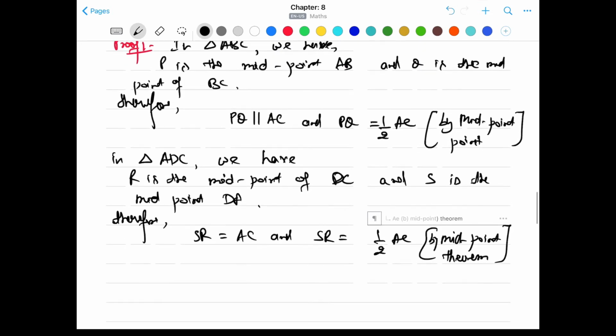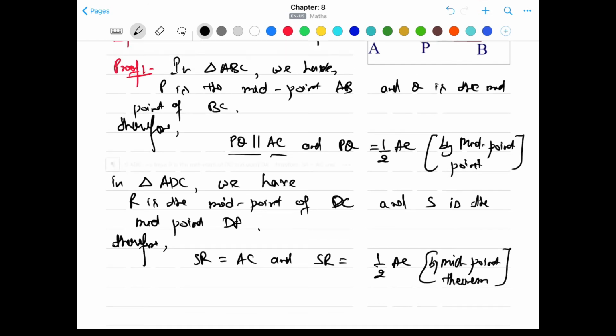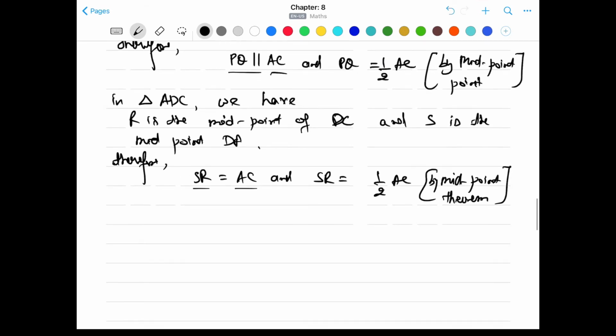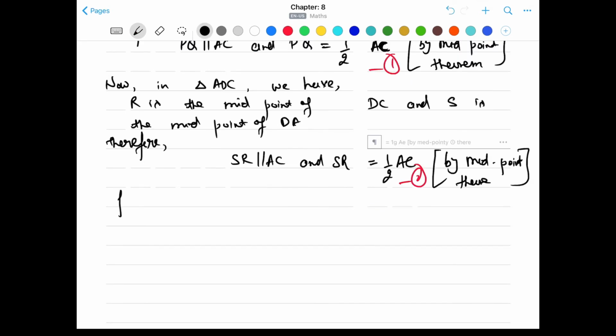So what we got here is that PQ is parallel to AC and SR is also parallel to AC. We have studied in chapter 6 a theorem that lines which are parallel to the same line are parallel to one another. Let's name these equation 1 and equation 2.